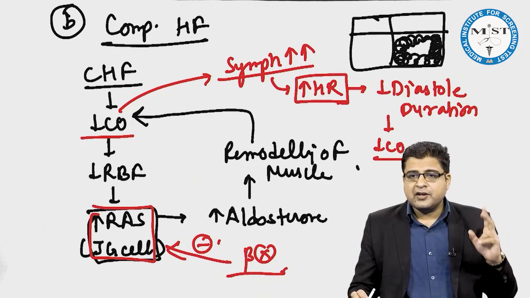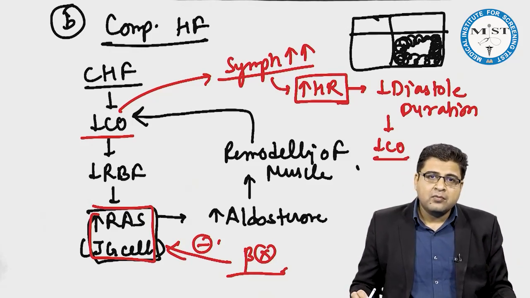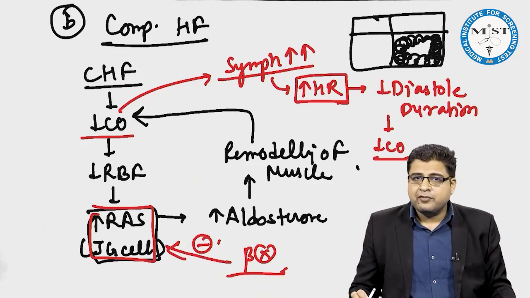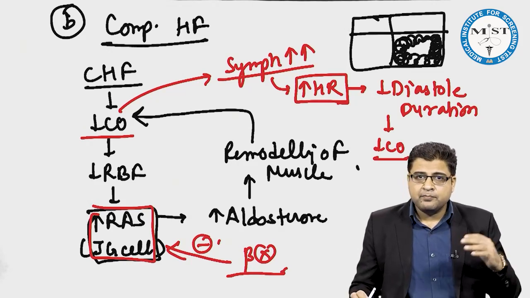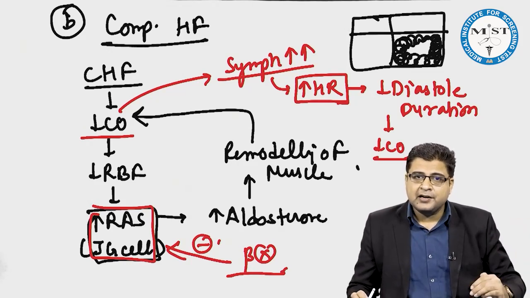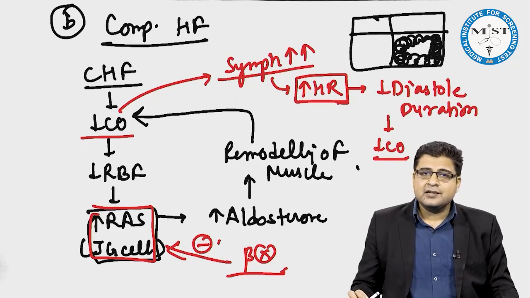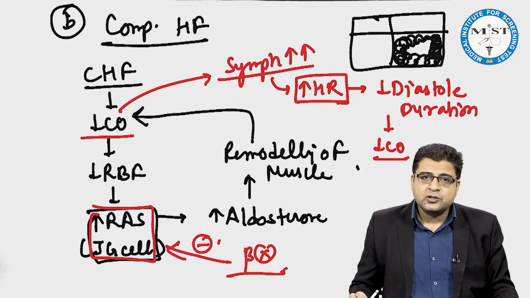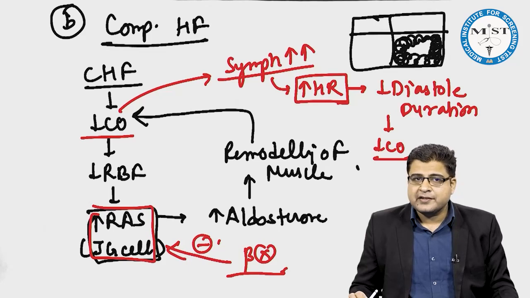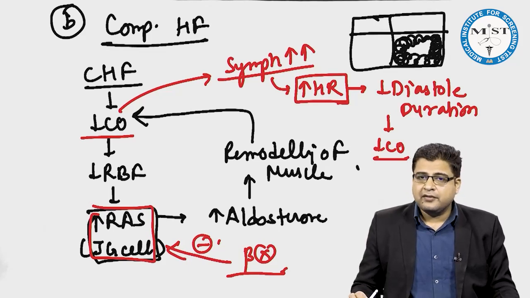So there are two reasons why we use beta blockers in CHF. Number one, beta blockers can prevent remodeling of the heart, thereby improving survival and reducing mortality. Second, beta blockers can also prevent tachycardias in CHF patients. So these are the two reasons why beta blockers are first line drugs for compensated heart failure.